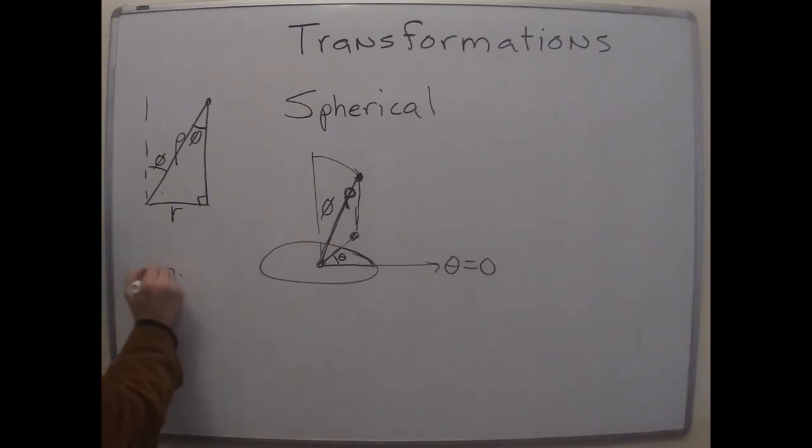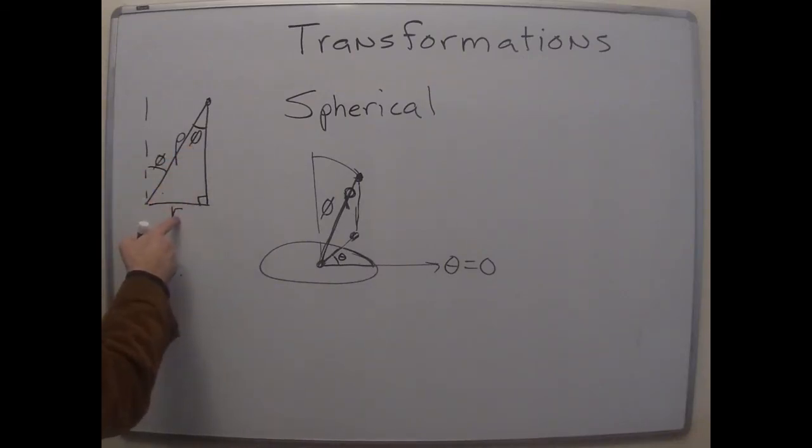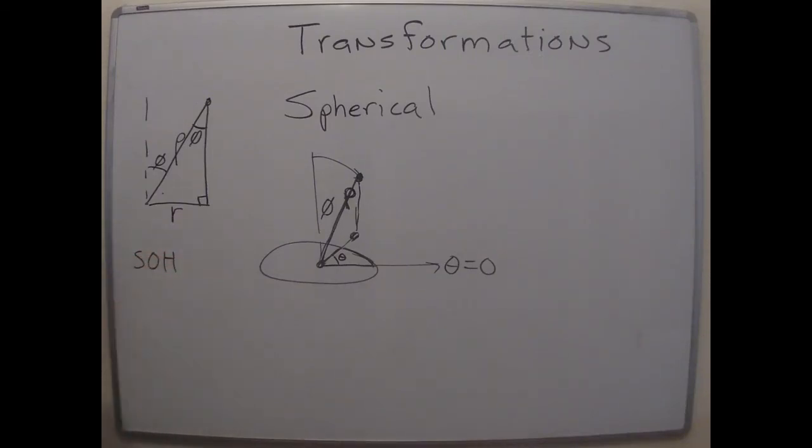It's rho times a trig function, and phi and r are across from one another, right? This is the side opposite of phi. So maybe a good way to do it would be to recall the SOHCAHTOA business. Sine is opposite over hypotenuse. That's the SOH in SOHCAHTOA.